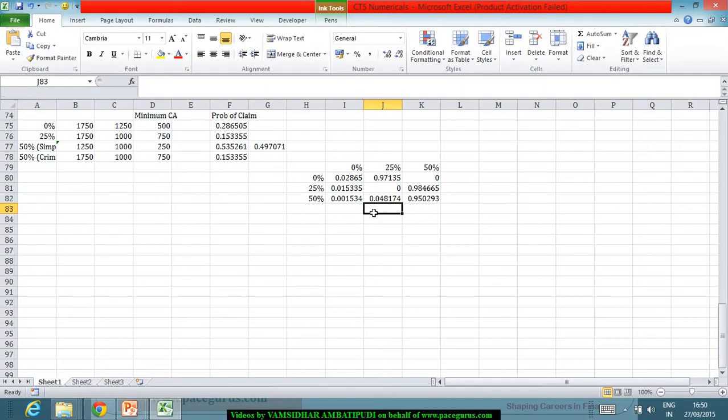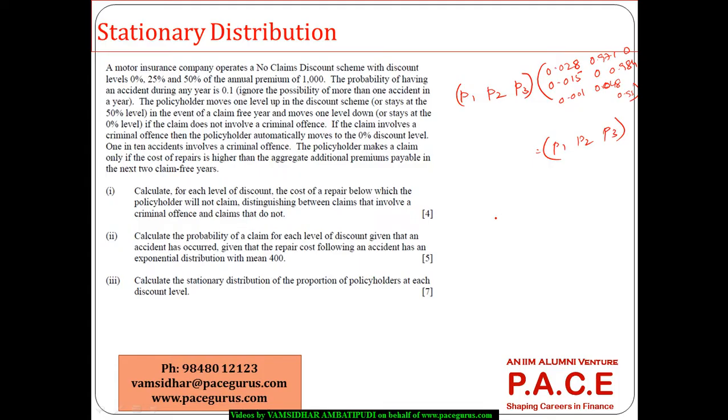So here all we are talking of is 0.028 P1 plus 0.015 P2 plus 0.001 P3 is equal to P1.